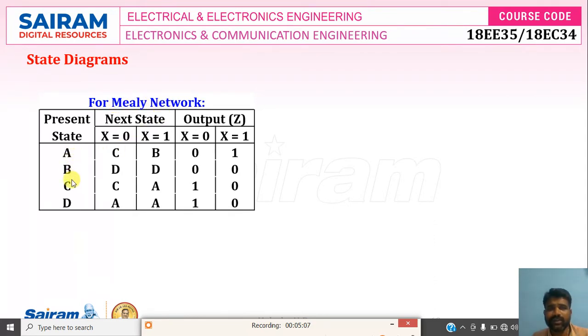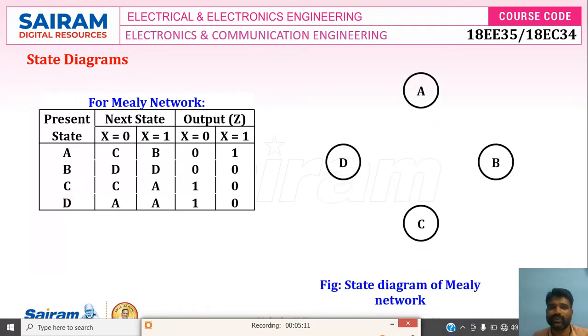Let's see the state diagram for the Mealy network. There are 4 states, so it has 4 nodes: A, B, C, D. When the present state is A, the next state is C when input is 0 and output is also 0. That is represented by a directed branch from A to C; input is 0, output is 0.